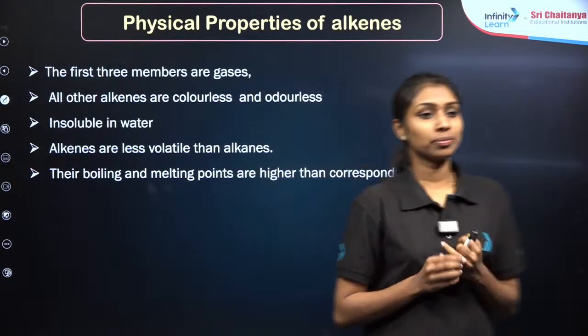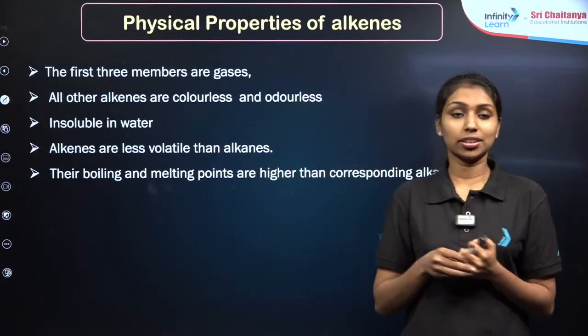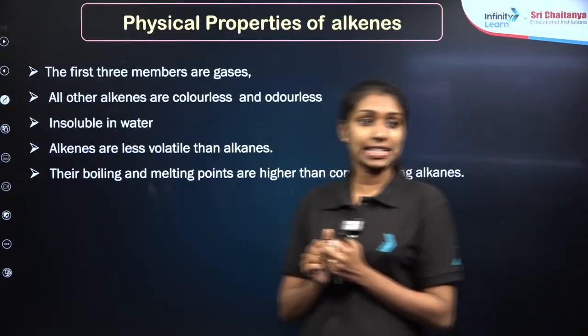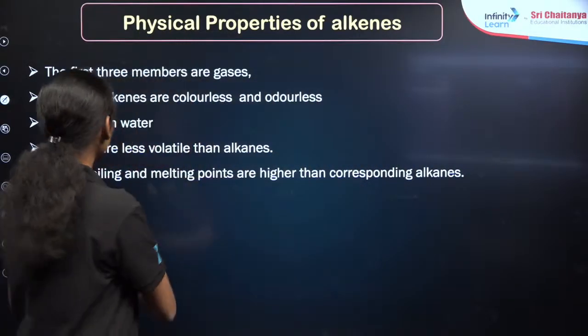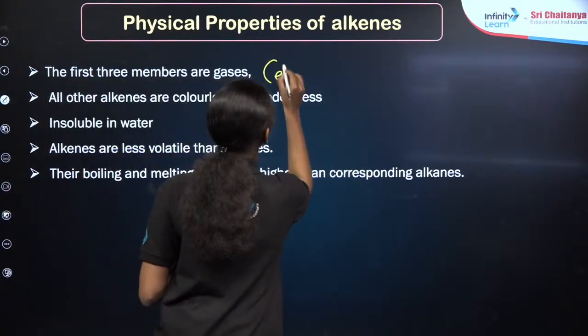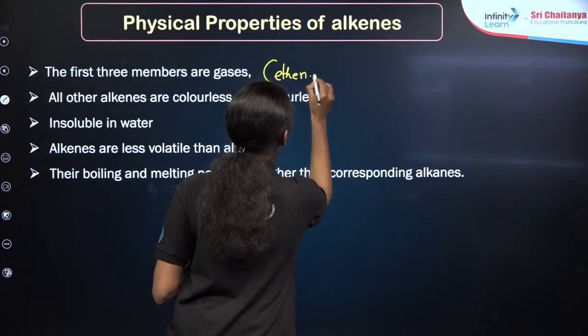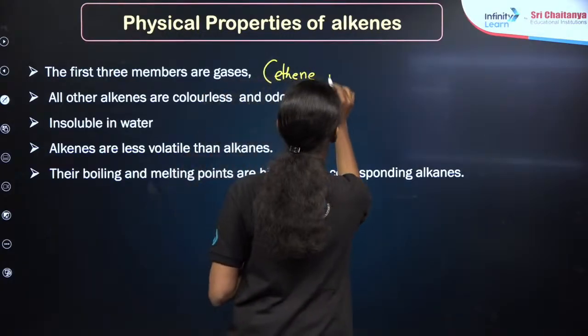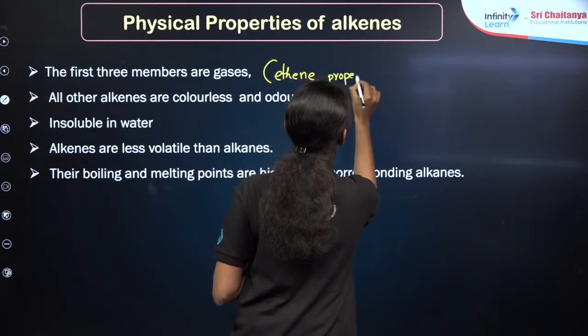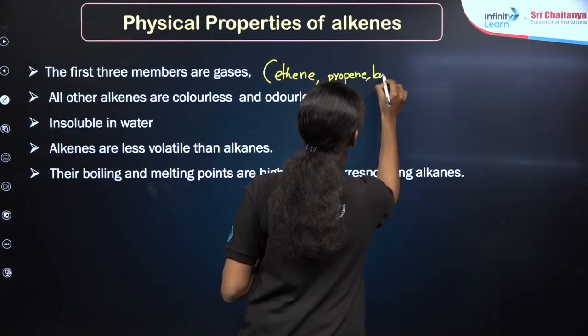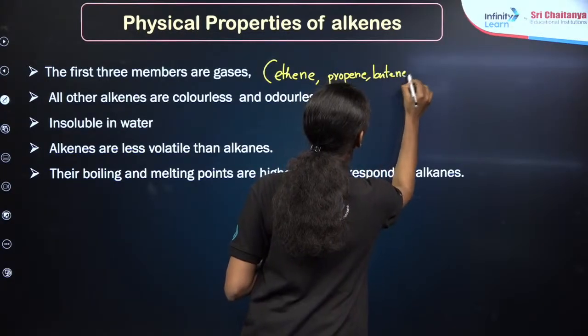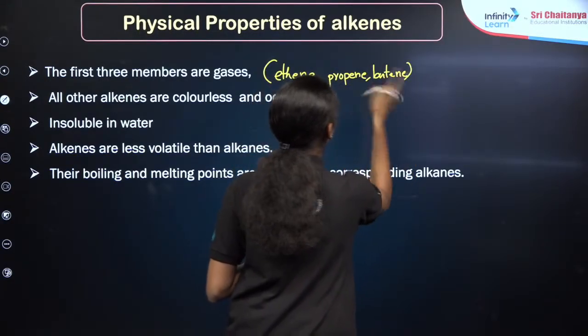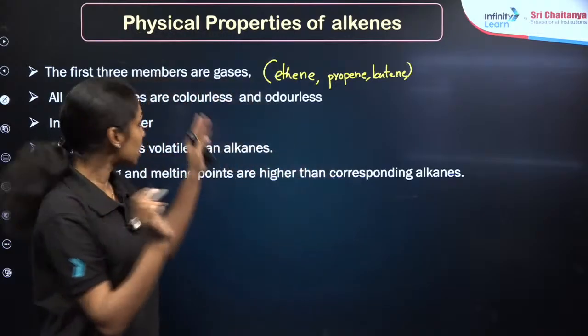So what are the first three members of the alkene group? Ethene, propene and butene: 2 carbon, 3 carbon and 4 carbon compounds. These compounds are generally gases.